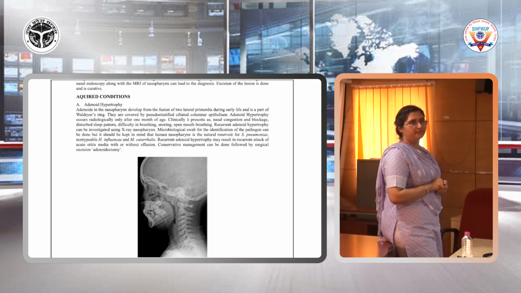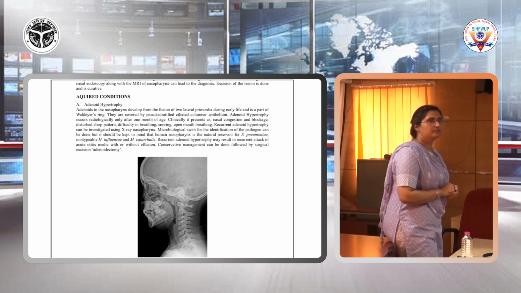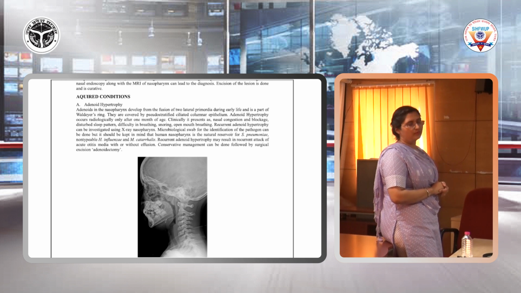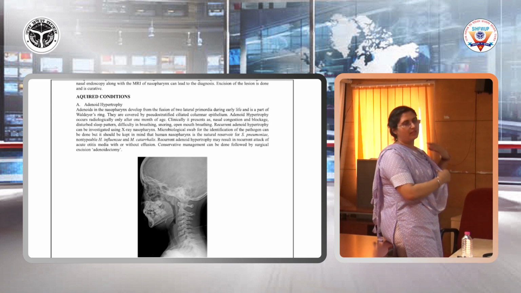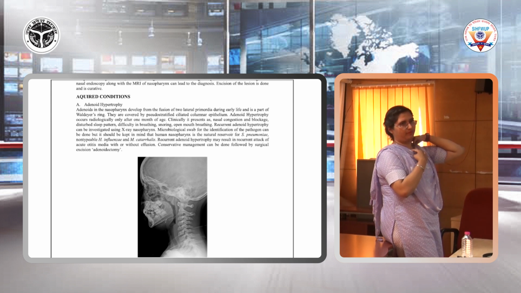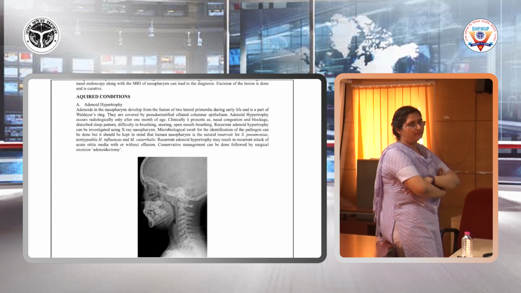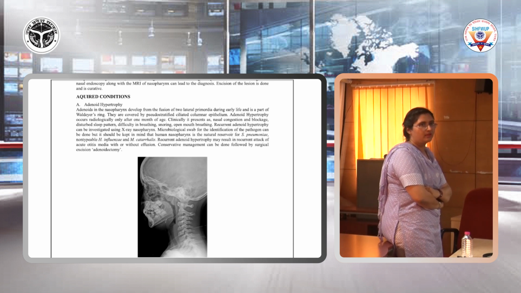Then, on a symptomatic basis, we repeat the endoscopy to see how much area is involved; if more than 60 to 75%, you have to operate. Yes, ma'am. With respect to the size factor, if the ears are involved and ear pathology is happening, then we should operate, or else put the child on follow-up.